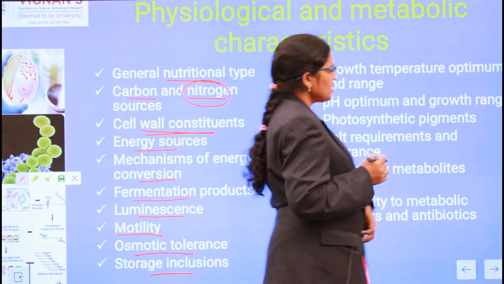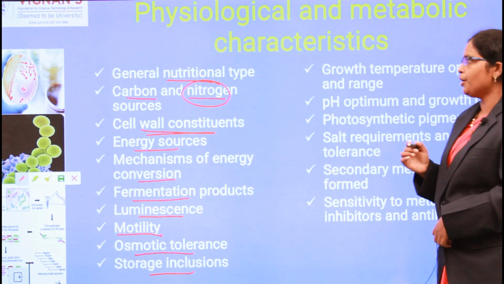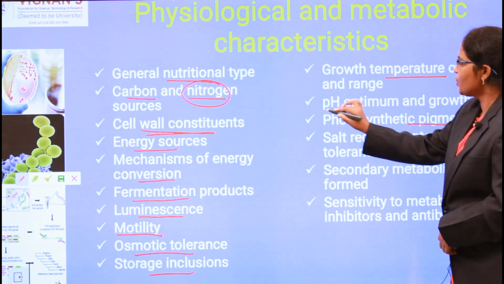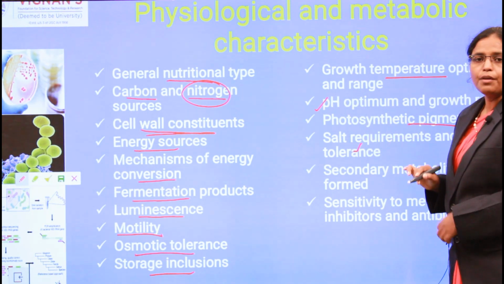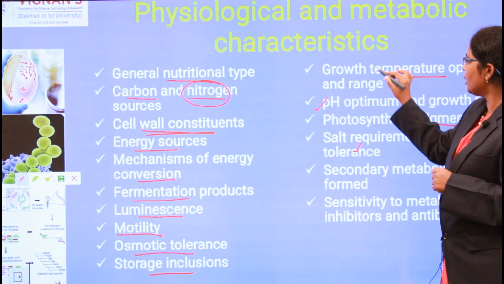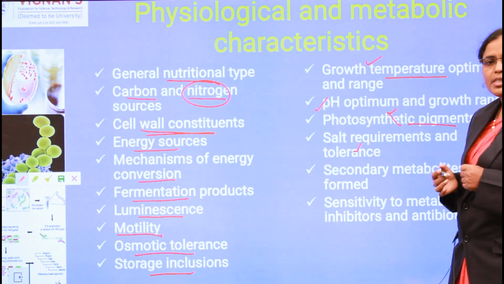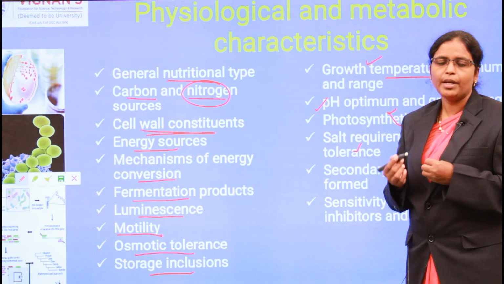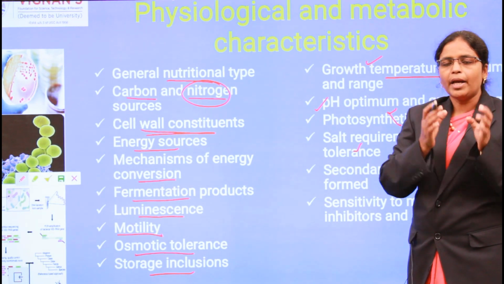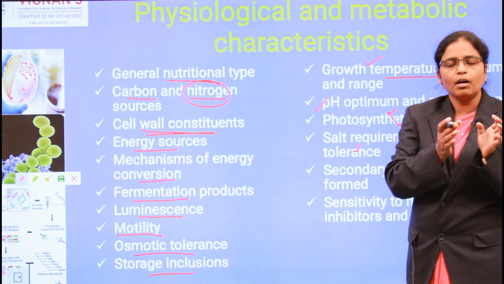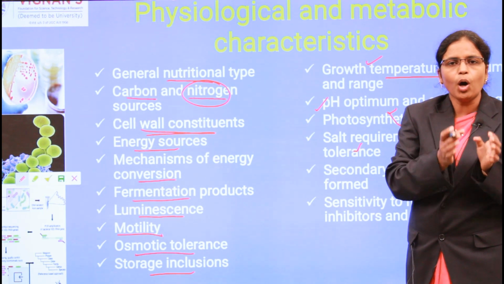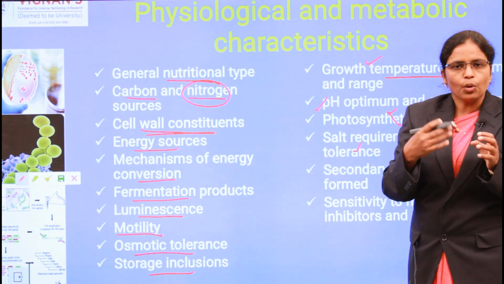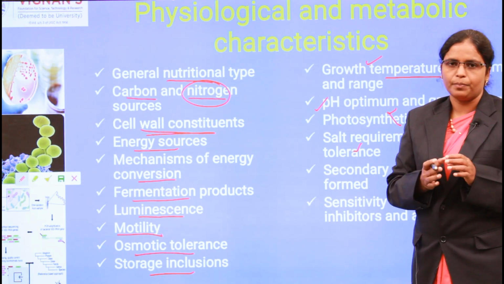Next, another feature used is the temperature as well as pH. If you see the temperature, the microorganisms require different temperatures. For example, microorganisms present in hot environments are able to grow at high temperature.